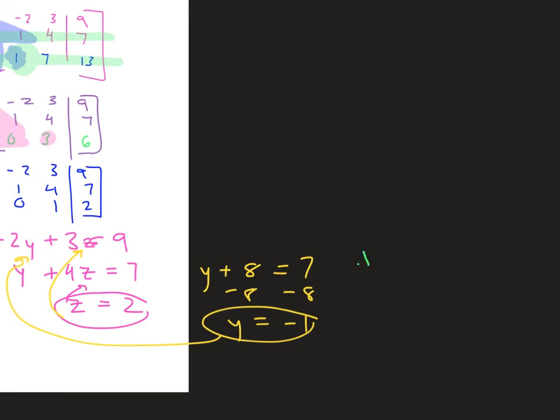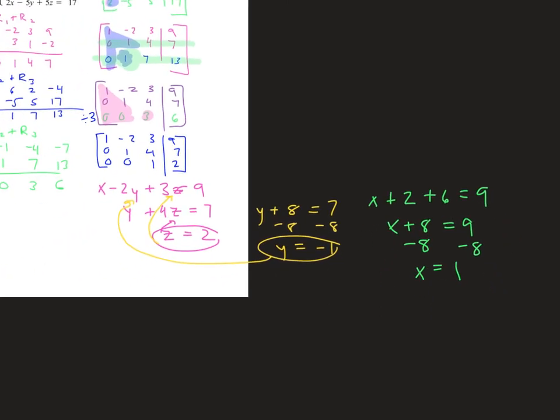So we have x minus 2 times y, so this would be a plus 2, plus 3 times z, so plus 6, is equal to 9. X plus 8 is equal to 9. Subtract 8. X is equal to 1. So our answer is 1, negative 1, 2.